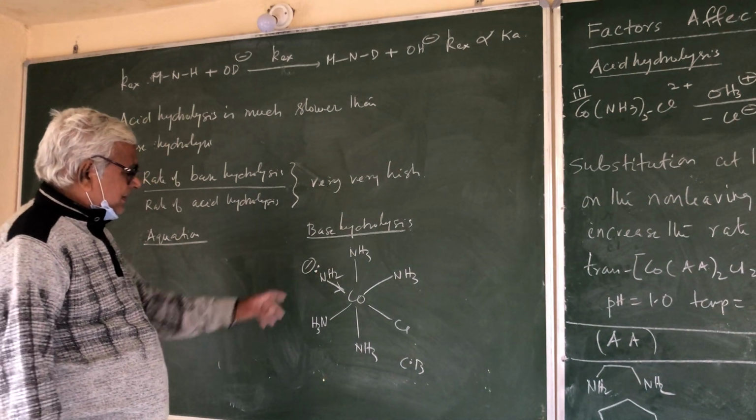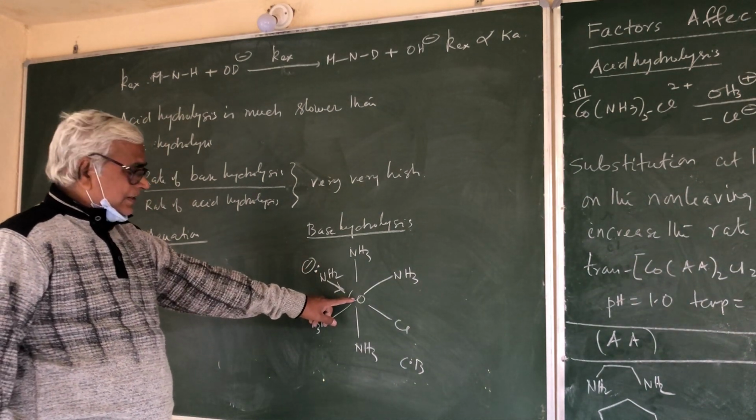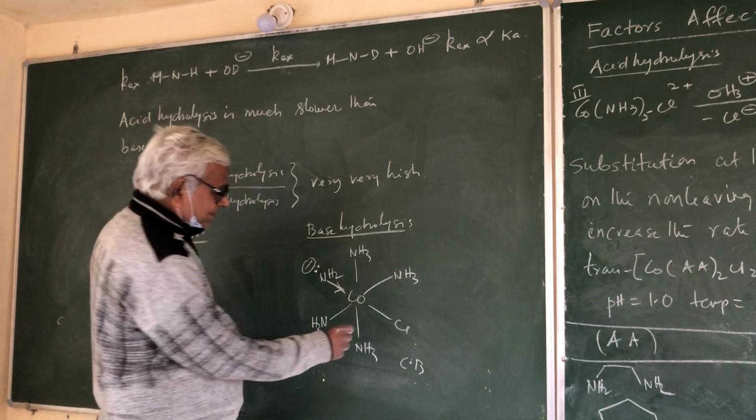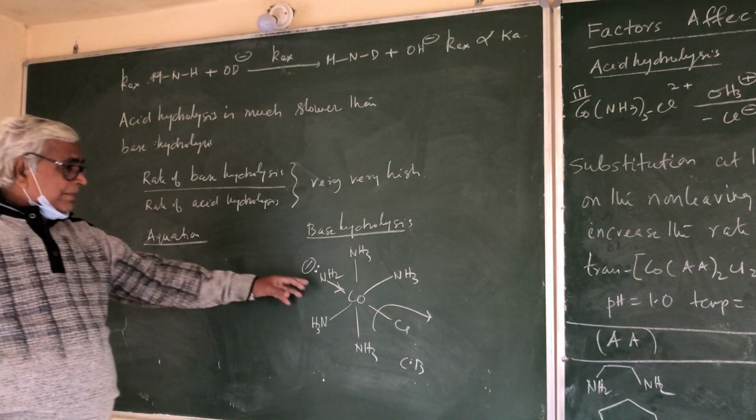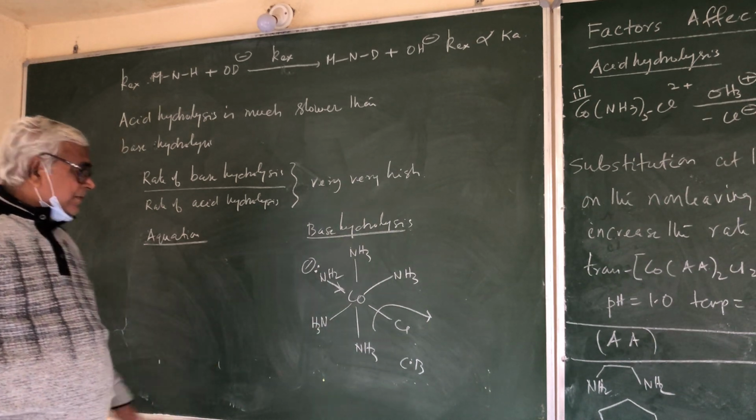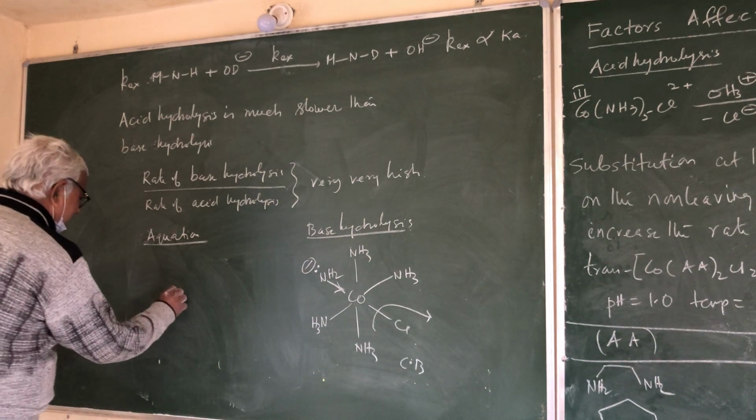This pushes electron to the cobalt 3 center, facilitating the breaking of the cobalt chloride. So this type of acceleration is not possible in acid hydrolysis.